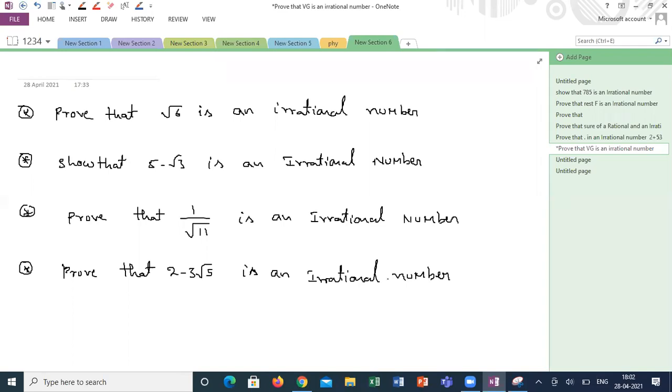That's it. Try these 4 questions neatly. Getting the answer is not important in these kinds of questions, because this is not a basic calculation question. This is like a proof question.